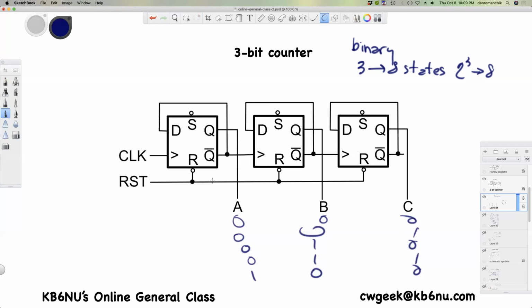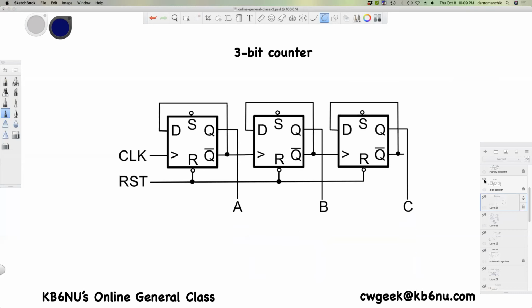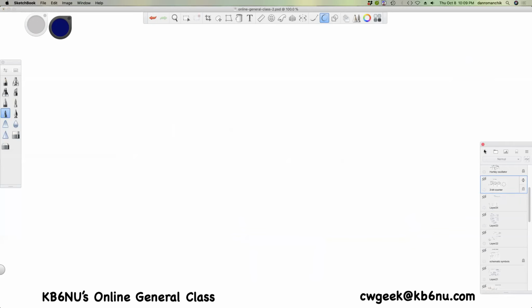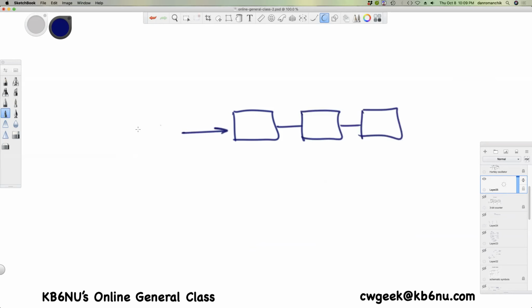So if I had 3 flip-flops, just connected one to the next, and I had a serial data stream coming in here, and there was a clock signal, I could shift the data in.